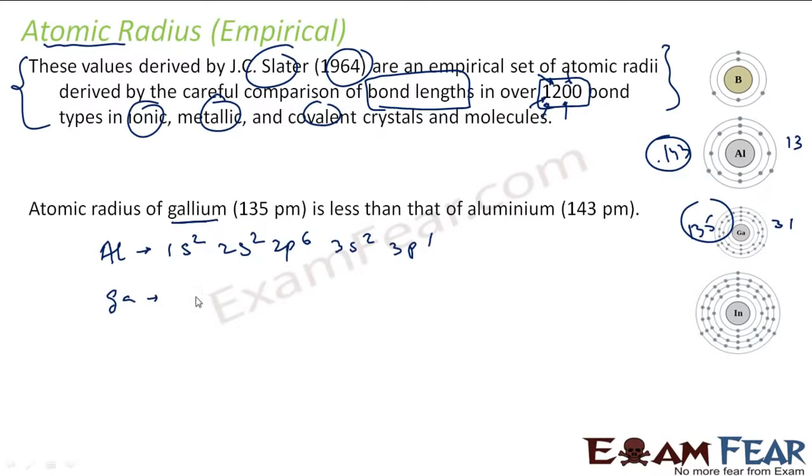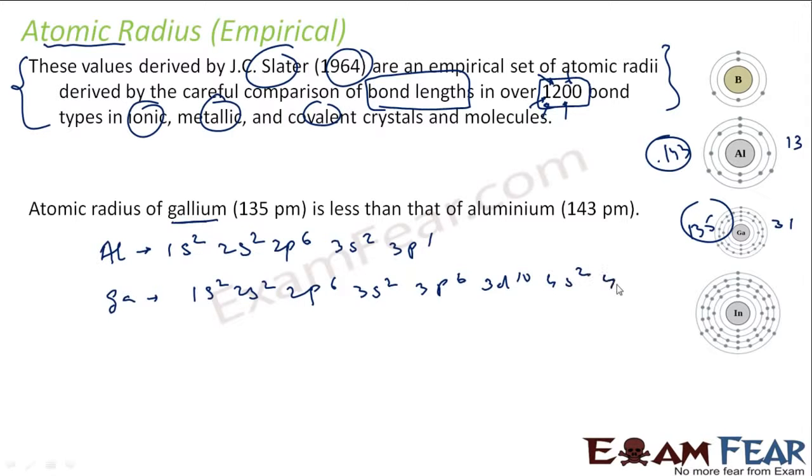Let's write for gallium. It is 1s2, 2s2, 2p6, 3s2, 3p6, 3d10, 4s2, 4p1.